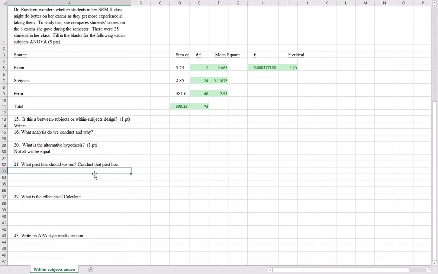We would conduct a Tukey's HSD. To conduct the Tukey's, the same way as before, we look up our Q value in our table.